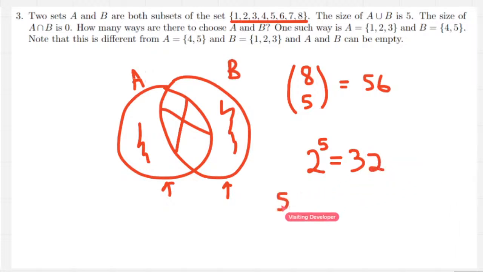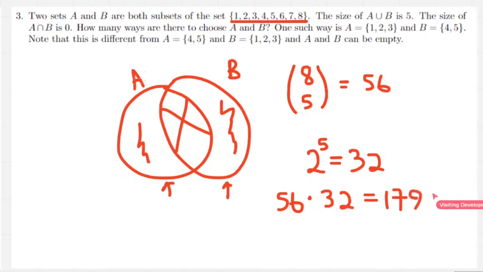So in total, there are 56 ways to choose which 5 elements times 32 ways to split up these 5 elements, ways to choose A and B. And this multiplies out to 1792.